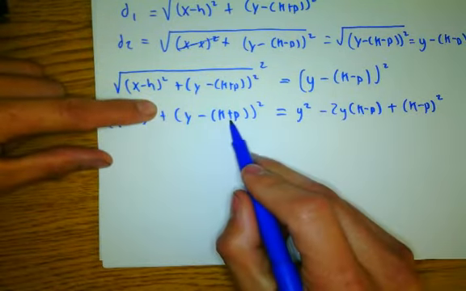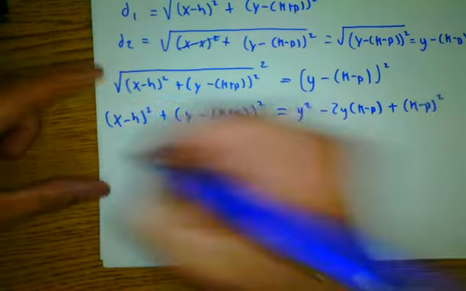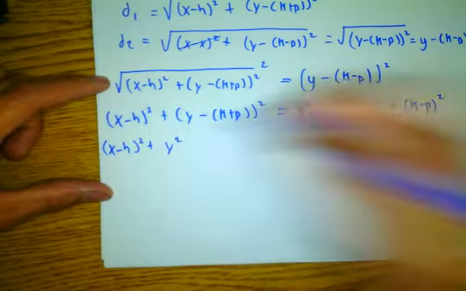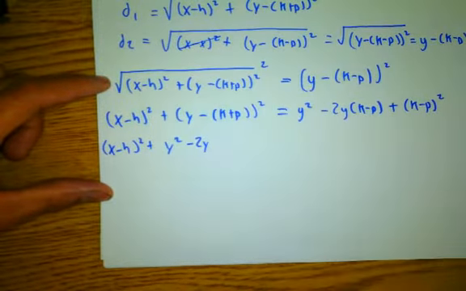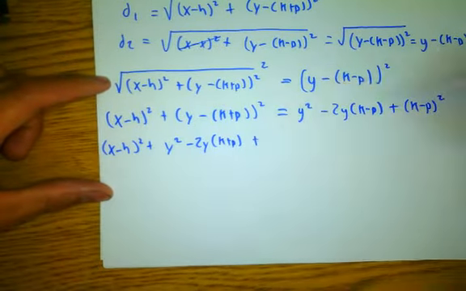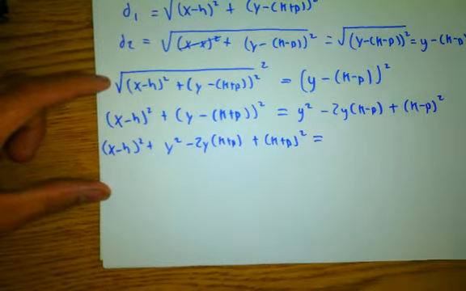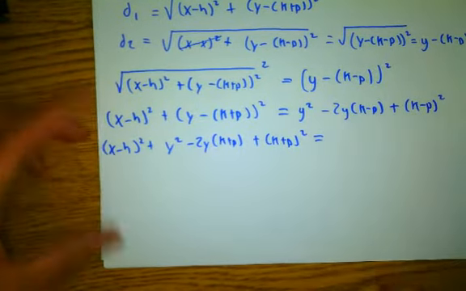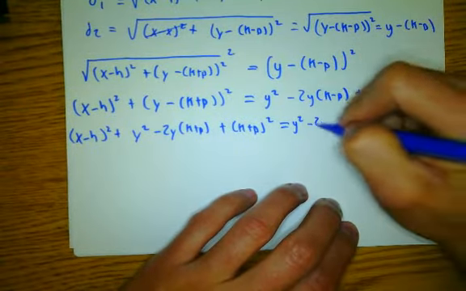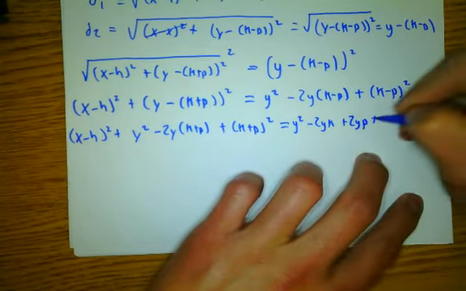So we're going to leave this alone: x minus h squared plus, this becomes y squared minus 2y times k plus p plus k plus p squared equals, and I'm going to continue distributing things on the right. So on the right side now I have y squared minus 2yk plus 2yp plus k squared minus 2kp plus p squared.